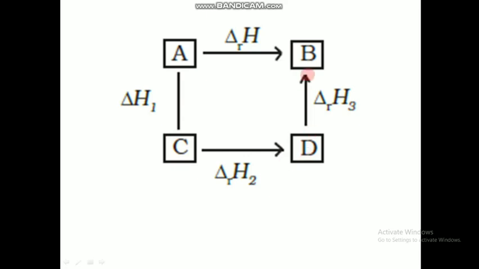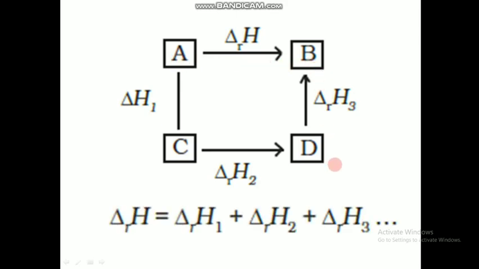So all the enthalpies together, if we sum, we will get the reaction enthalpy for a single step. Hence delta RH is equal to delta R1, of the first intermediate, plus delta R2, the second intermediate, and delta R3, the third intermediate. All the sum will give us the single step enthalpy only. So that's all about Hess's law.